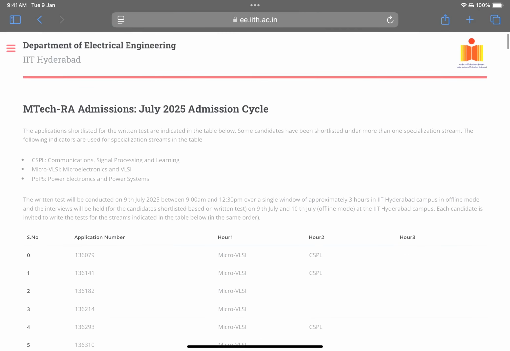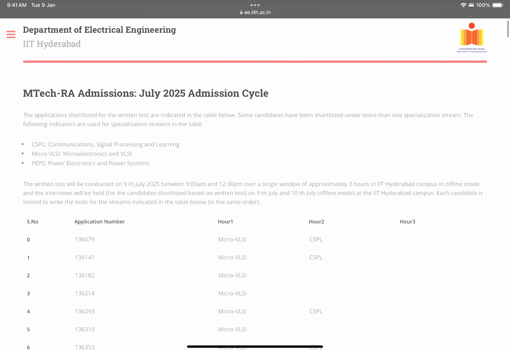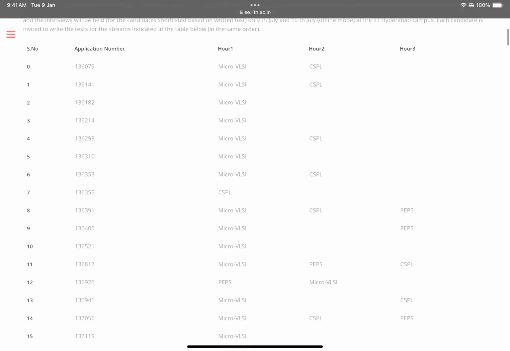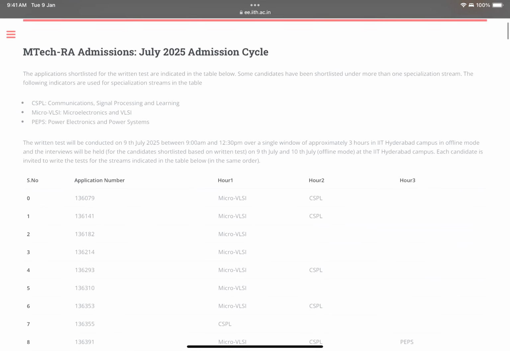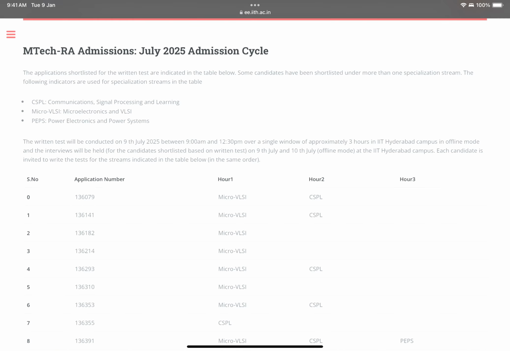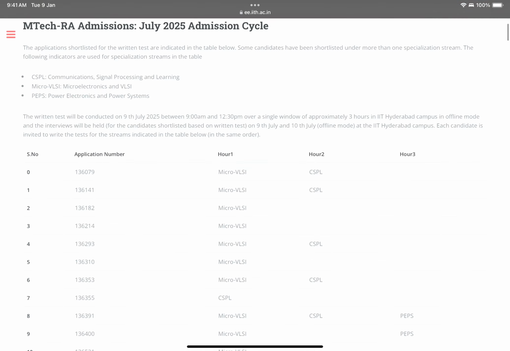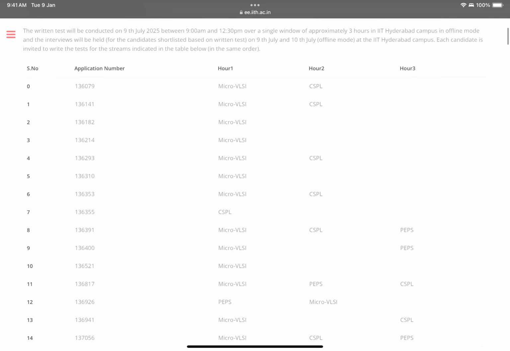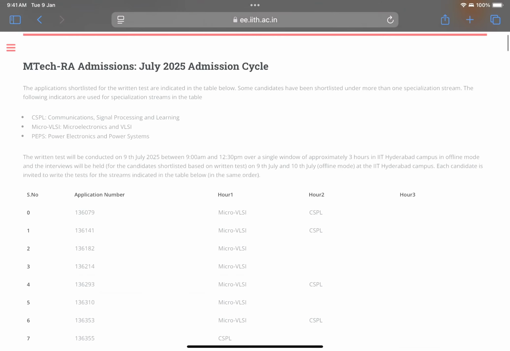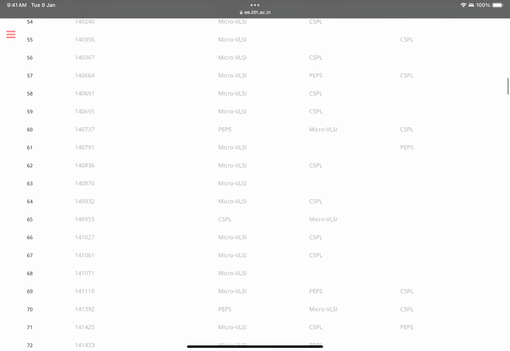I know that most of the people who just qualified, just past by 2 or 3 marks, are shortlisted for this. So if you've qualified GATE, I am pretty sure that you will be shortlisted this year. I'm not talking about prior years, but this year they shortlisted everyone who is GATE qualified.